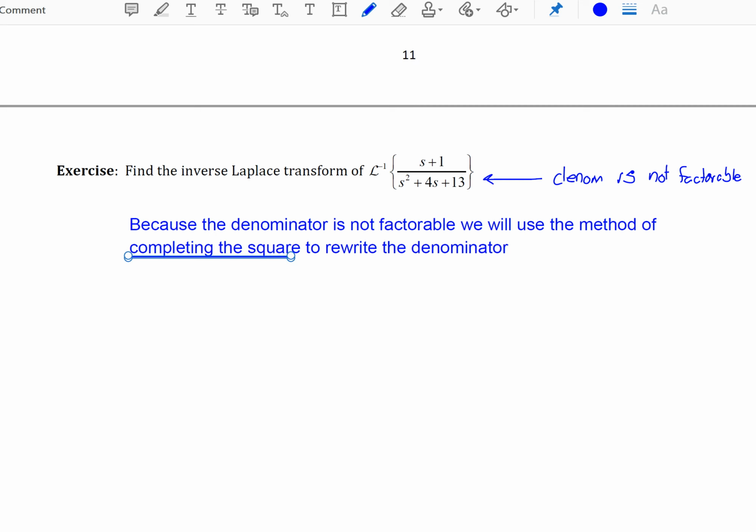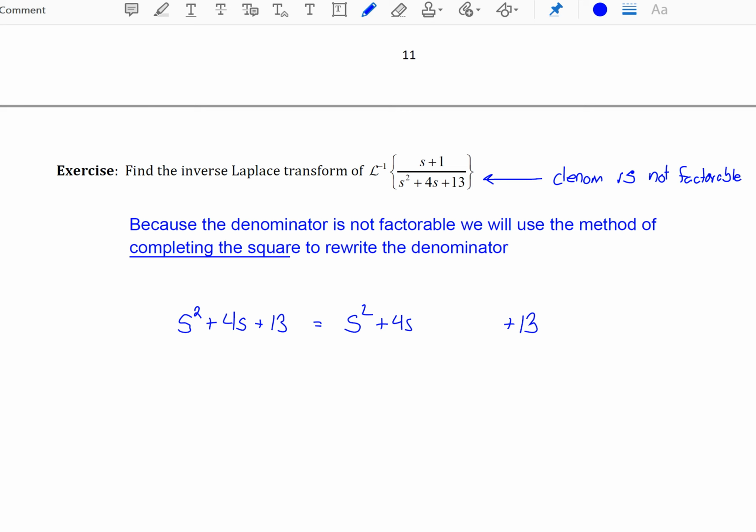So remember, with completing the square, what you want to take is your quadratic, your s squared plus 4s plus 13, and you'd like to rewrite it as s squared plus 4s, and then move the 13 way off to the side for a moment.